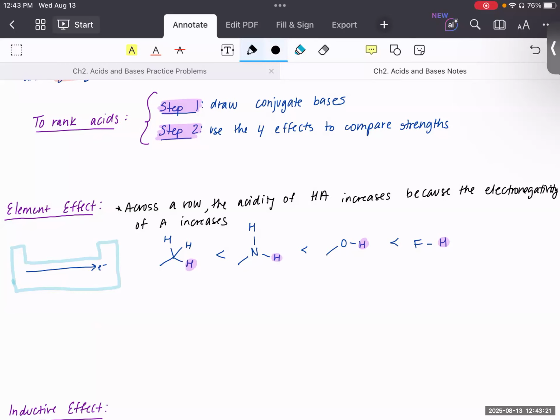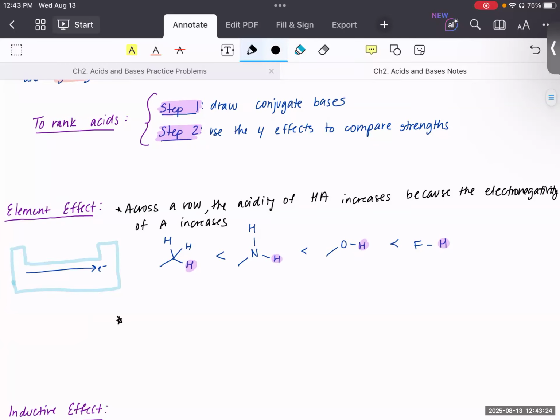The second part is that down a column, the acidity increases for HA because A increases in size. And this is important because the conjugate base, or A minus, is able to stabilize that negative charge better than a smaller element would.